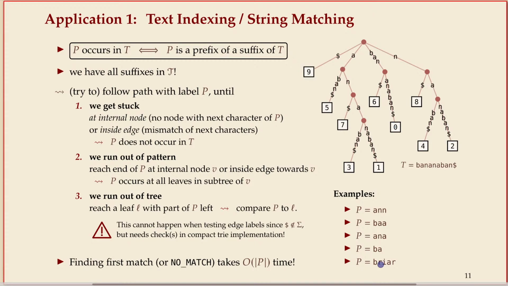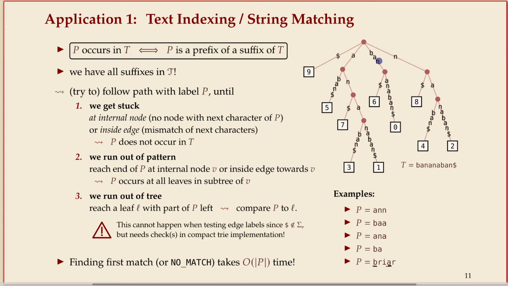And the last one is a little subtle. So if I do in the compact trie this one, I would find matches because the first character B that I check matches this B. Then I'm skipping 2 and I check the A again. So it looks like I'm traversing to this leaf 0. And in the compact trie, I would only then notice that there's actually characters in between that are mismatched.